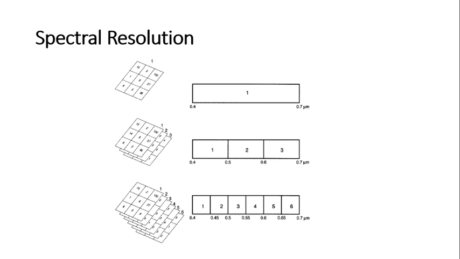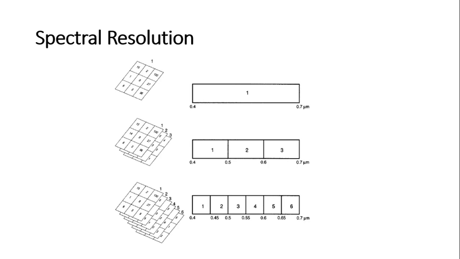So if there are multiple features over the same area, using a system with higher spectral resolution, you can extract more features. Now the hyperspectral image uses a sensor with very high, narrow-banded spectral resolution.